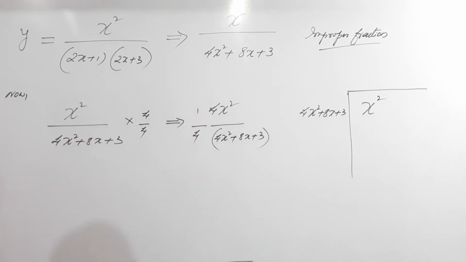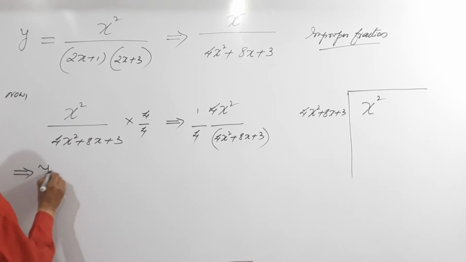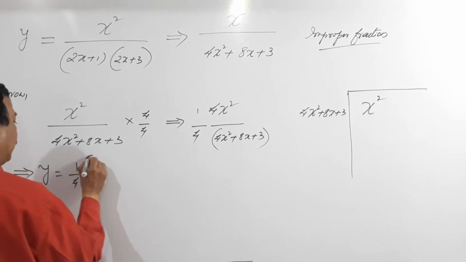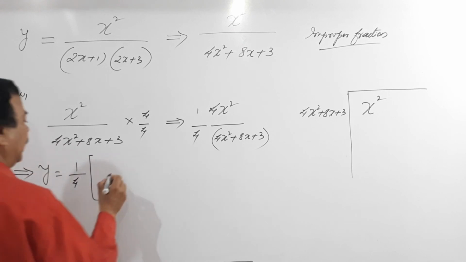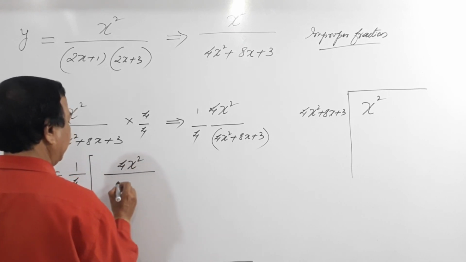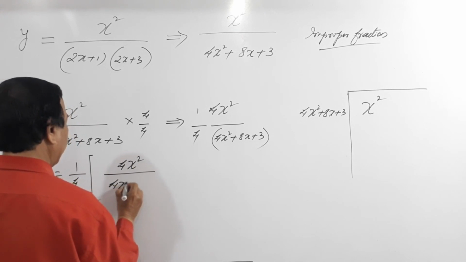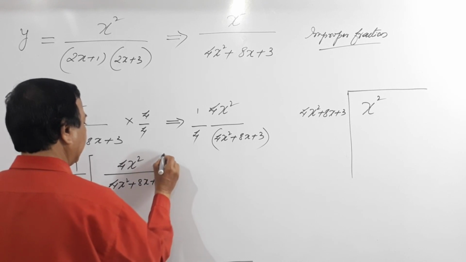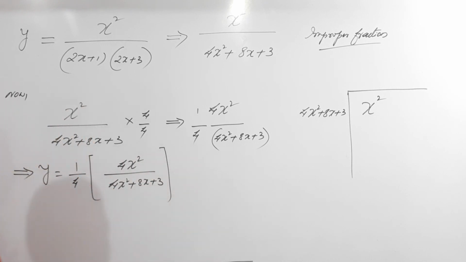So y equals 1 by 4 into 4x square by 4x square plus 8x plus 3. Done, I have divided and multiplied.